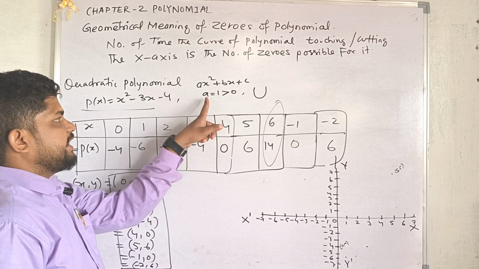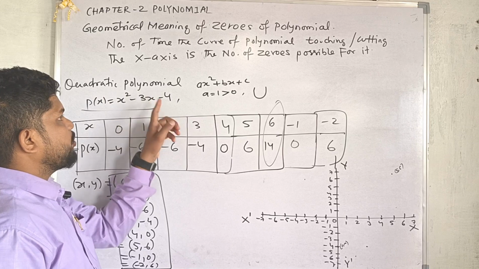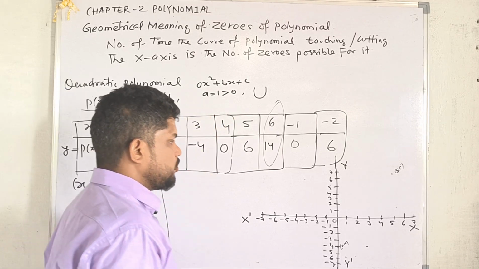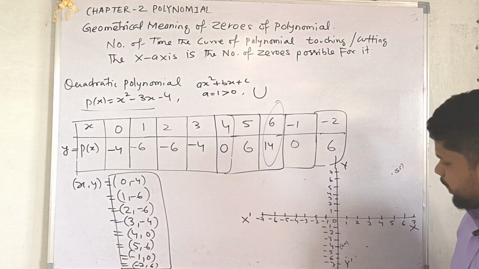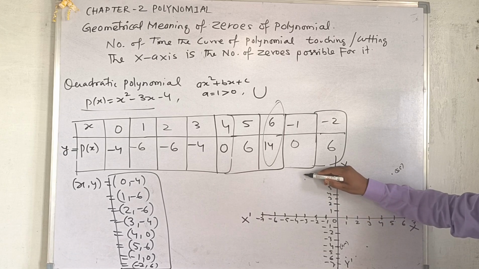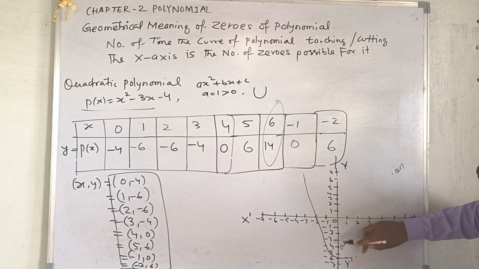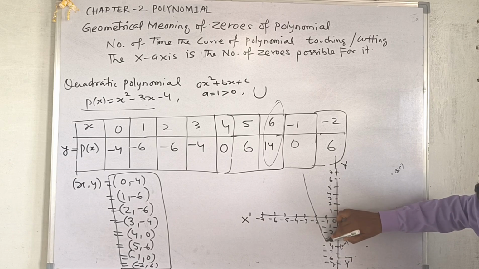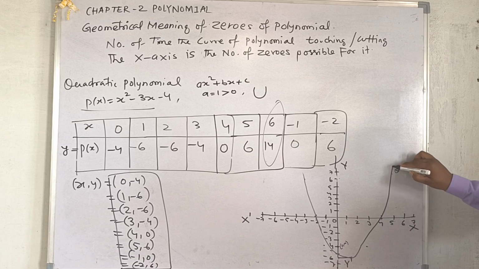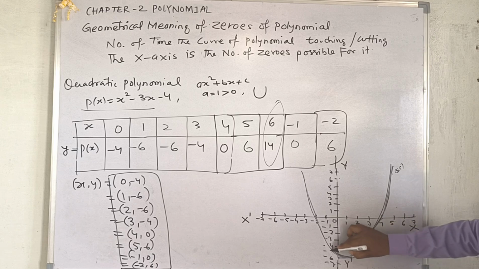When a is greater than 0, the parabola for a quadratic polynomial generally opens upside. So let us try to draw the curve for this equation. Starting from here we will come to here, then it will touch 4, 0, and go like this. So the final curve will be like this only.